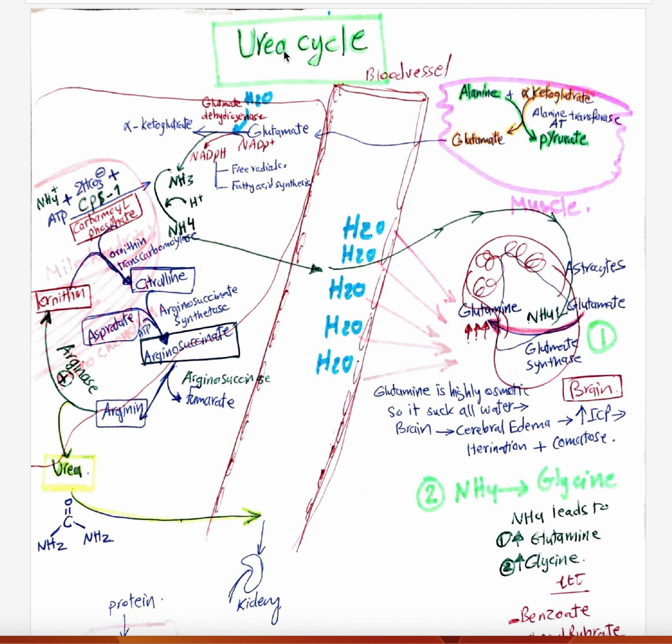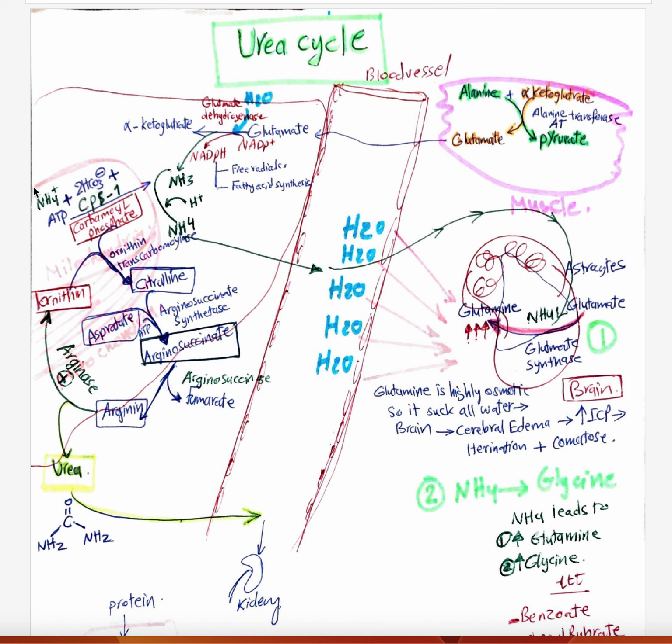So let's start with the urea cycle. It's important to know that the urea cycle is important to get rid of the ammonia, which is the result of protein degradation or protein metabolism.